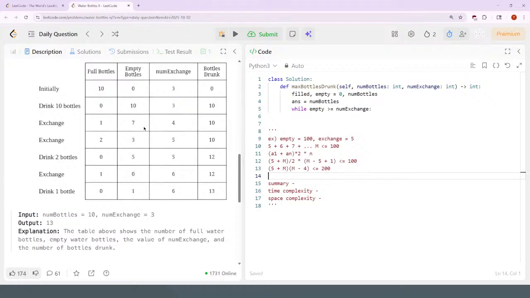You move out the exchange and you get back 1. So 10 goes down by 2, that gives you 8. 8 goes down by 3, that gives you 5. 5 goes down by 4, that gives you 1. And then 1 is done.